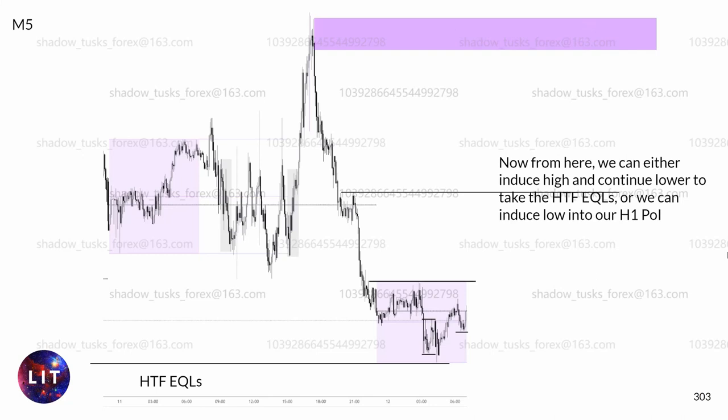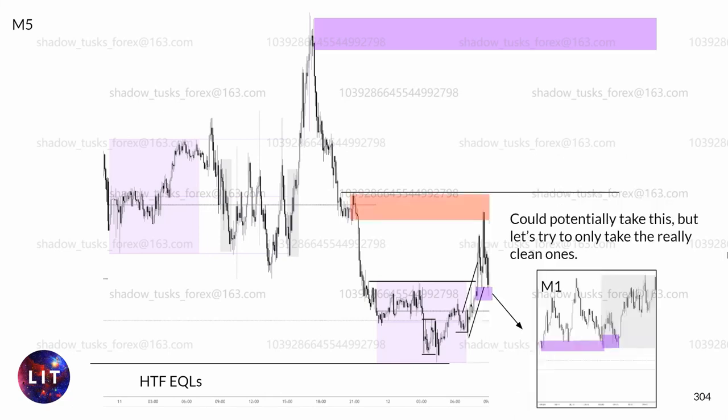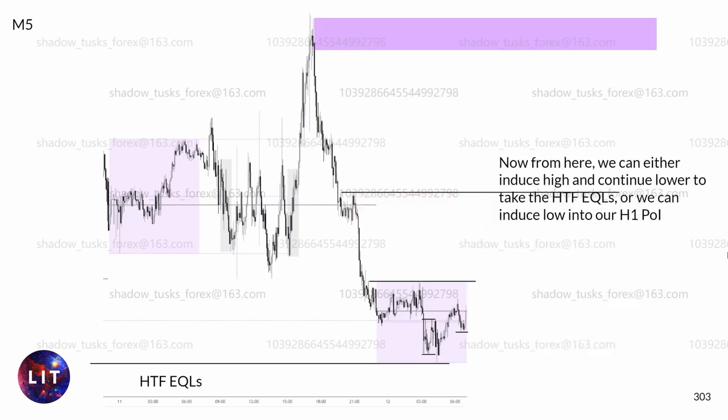Okay. So from here, like I said, we can either induce high to continue lower, or we can induce low to continue higher. It's just about how far we induce high or how far we induce low. So coming out of this day, we have this, right?